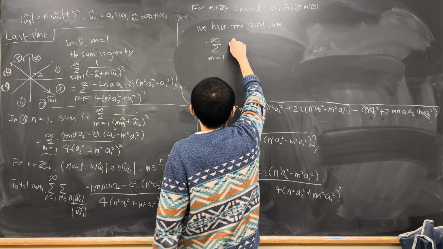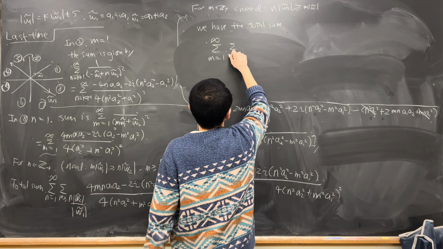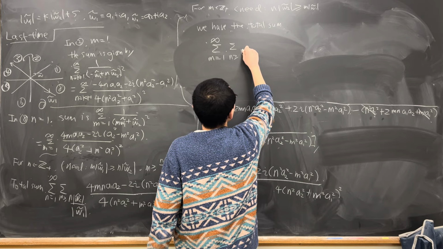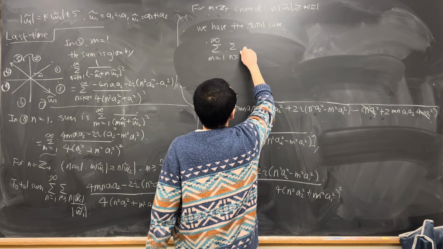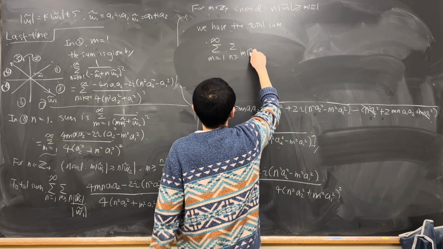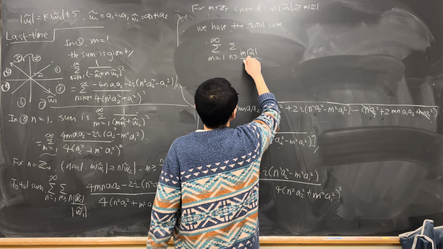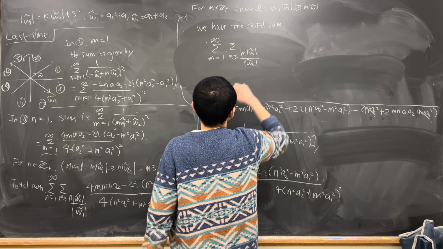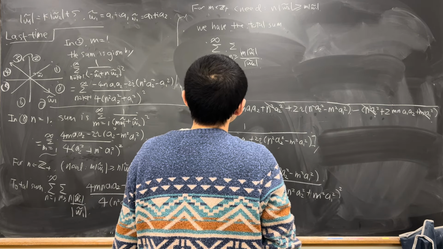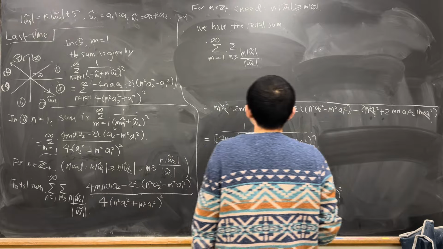And then this n must be, n is again the closest integer to this guy, m omega 1 over omega 2.